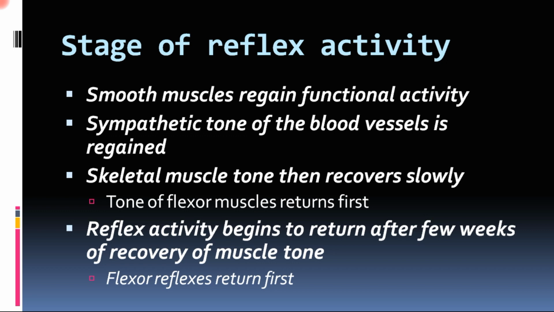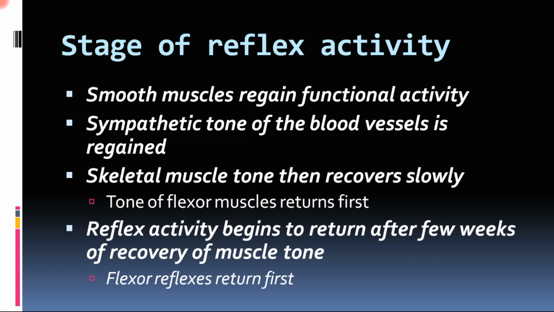Then comes the sympathetic tone of the blood vessel, which will be regained in the stage of reflex activity. Then skeletal muscle tone recovers slowly. Once the smooth muscle functions are restored, there is slow regain of the skeletal muscle tone.